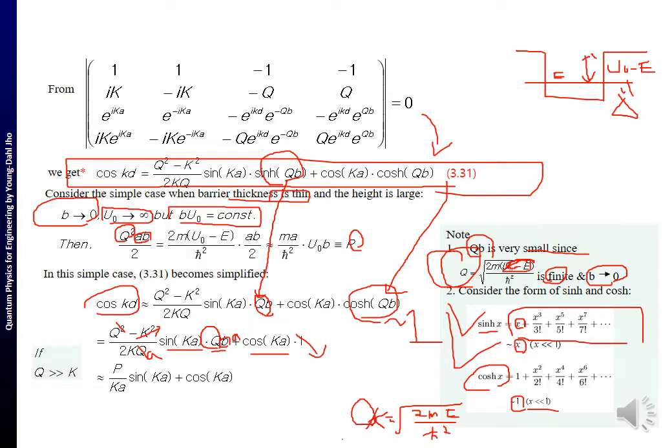So Q square AB over 2KA, and then Q square AB over 2 is actually said to be P. Okay, this one is said to be P. Okay, and you can go through this process, but let's make it simple like this. P over large KA sine KA plus cosine KA now should be cosine Kd, right?